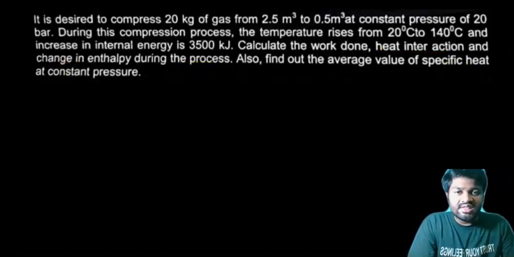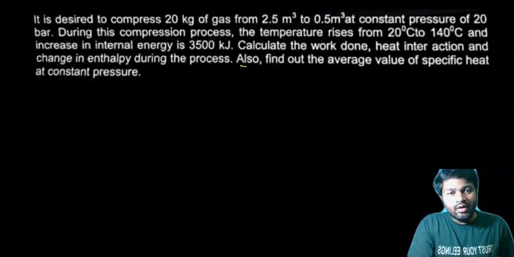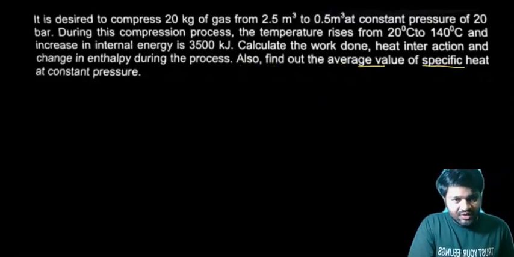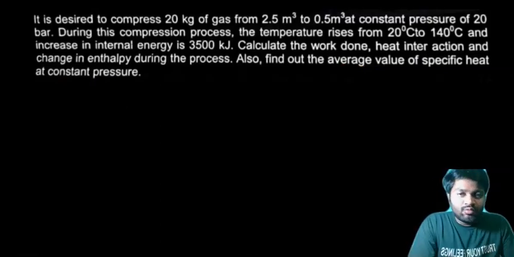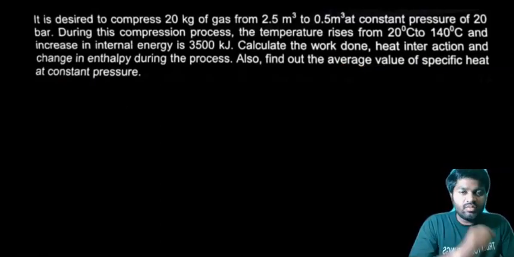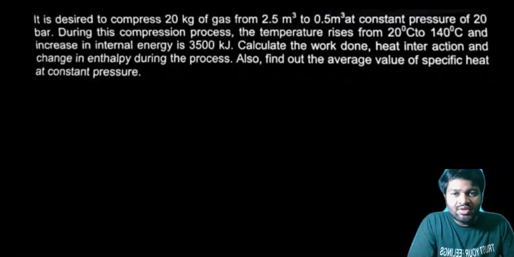So we need to find out these three data. Again, we have to find out the average value of specific heat at constant pressure. That means again we also have to find out the Cp value, right? So the average value of your Cp, that is specific heat at constant pressure, that we have to find.